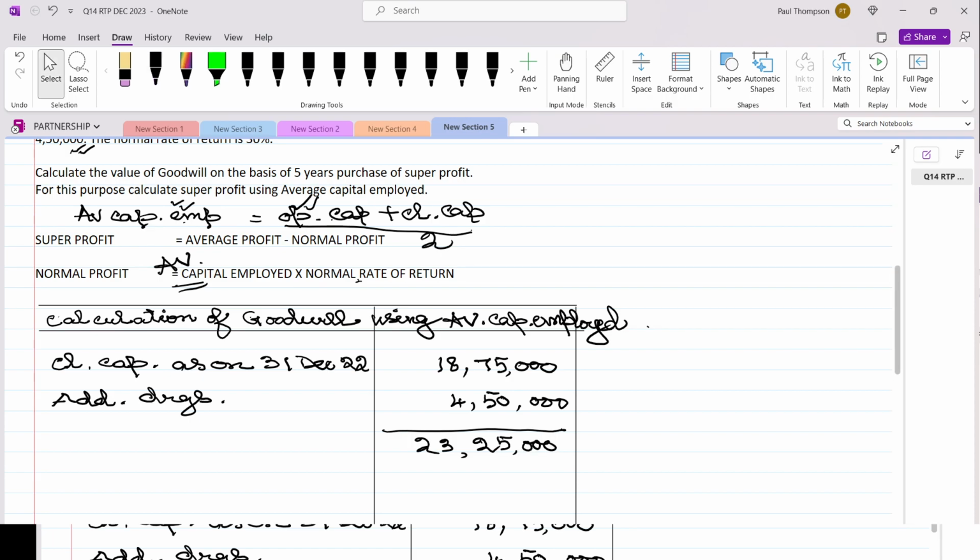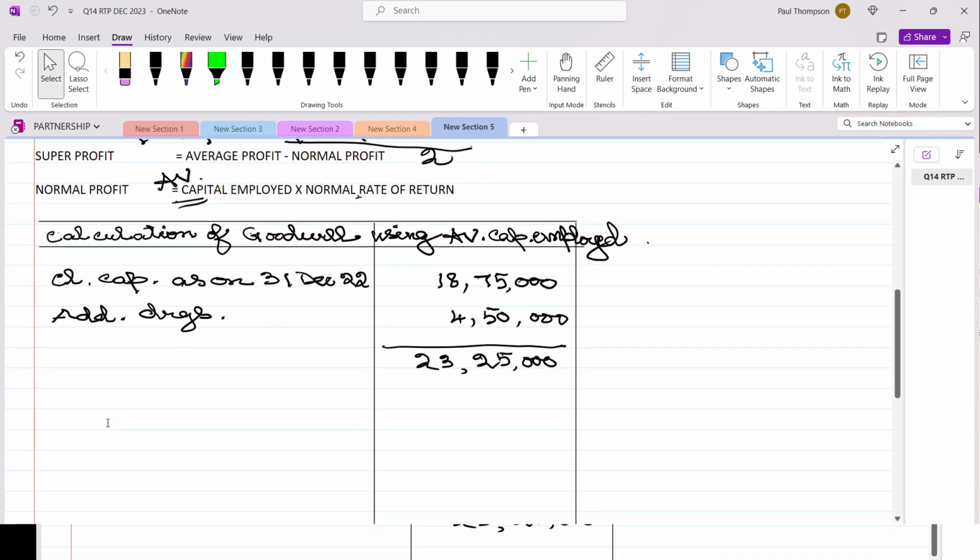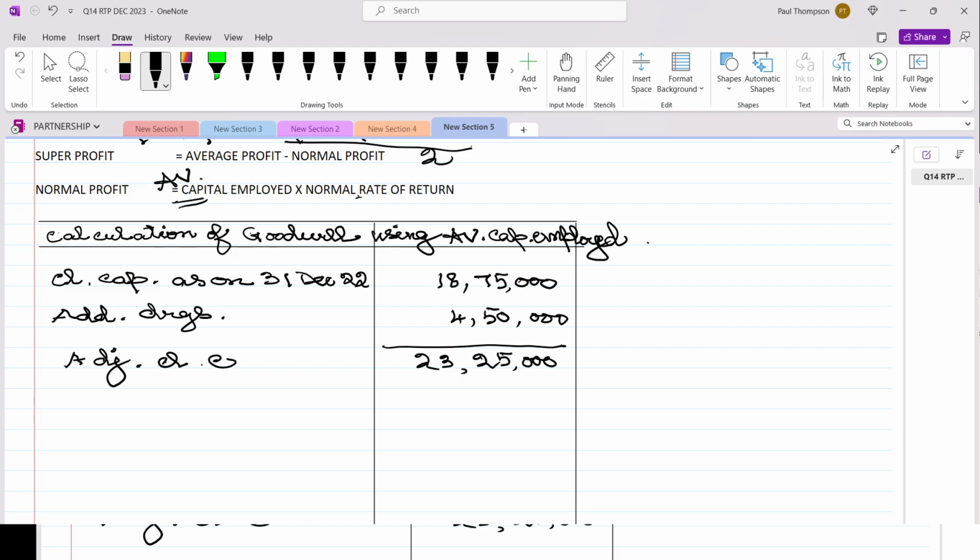Now there is no additional capital. Otherwise, we should have subtracted the additional capital. Then we would get the adjusted closing capital. As there is no additional capital, this itself is the adjusted closing capital. The capital is adjusted for drawings and any additional capital.